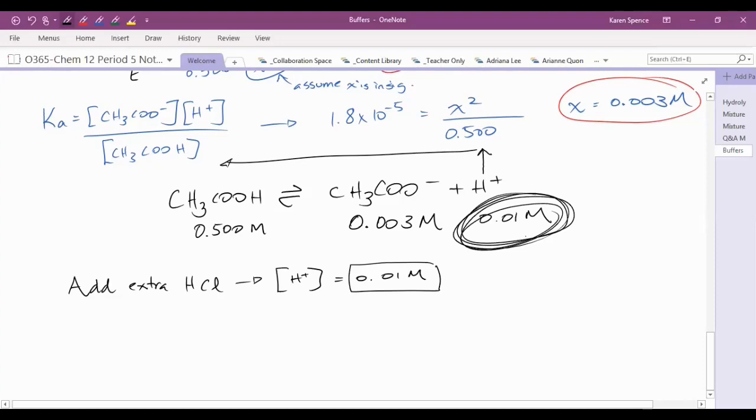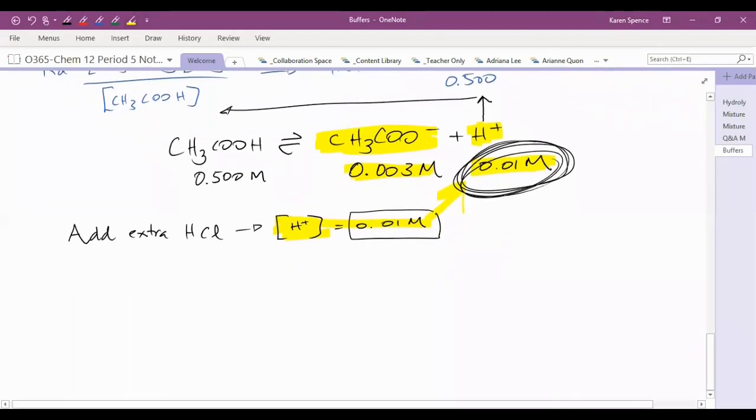The problem is that in order to use it up, the hydrogen has to react with the acetate, and we have more hydrogen than we have acetate. So by adding this extra H plus, we're going to overwhelm this system, and it's not going to be able to shift all the way to the left to absorb the extra hydrogen.